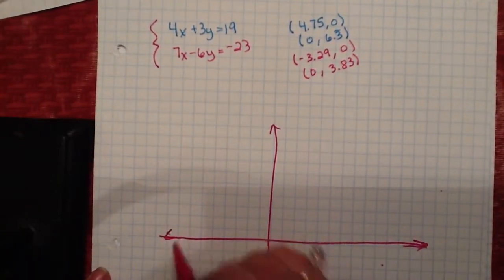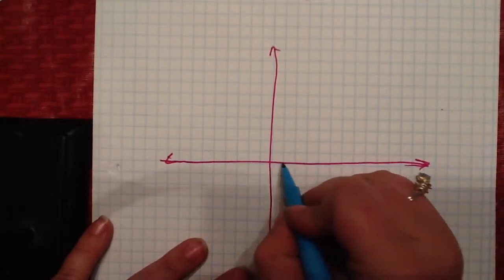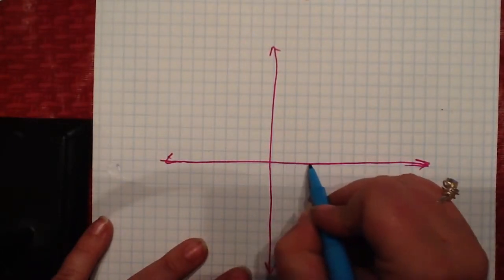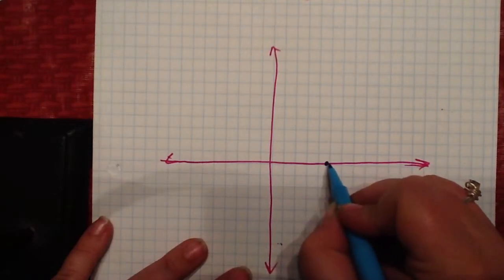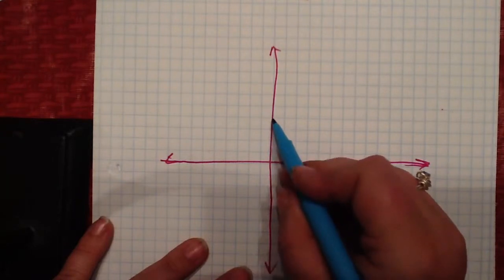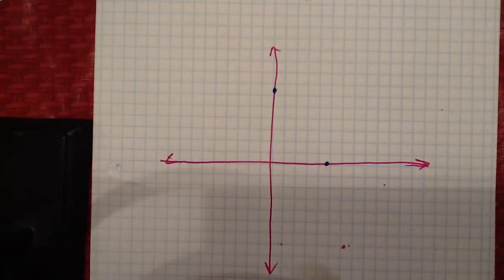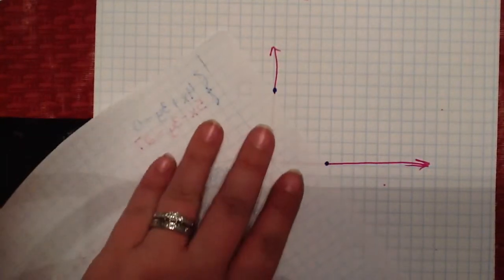Oops. My line drawing skills are not in fine form today. So to graph 4.75, I'm going to go here almost to 5, and then to graph 0, 6.3, up there. And again, using a piece of paper as a straight edge, I'm going to connect those.